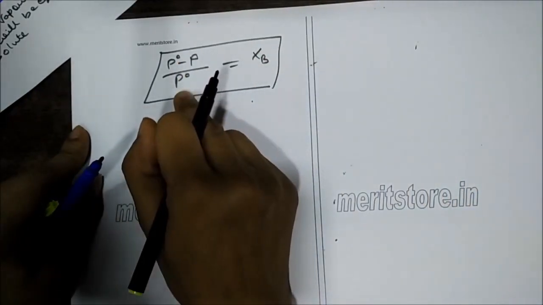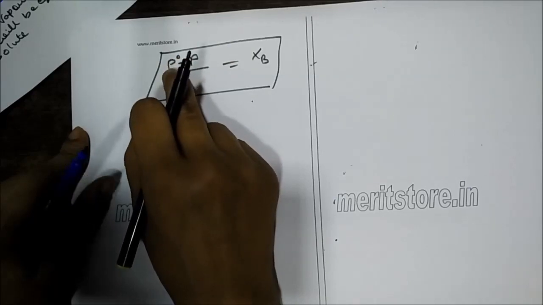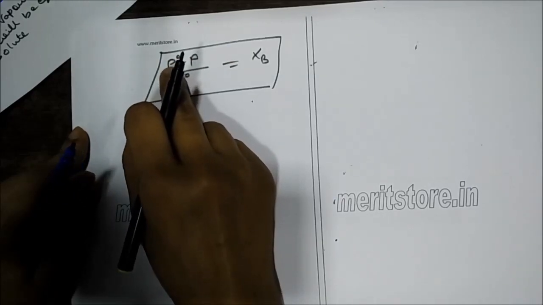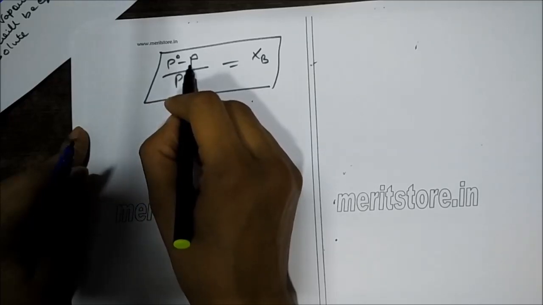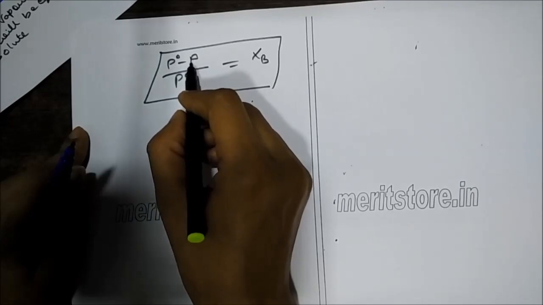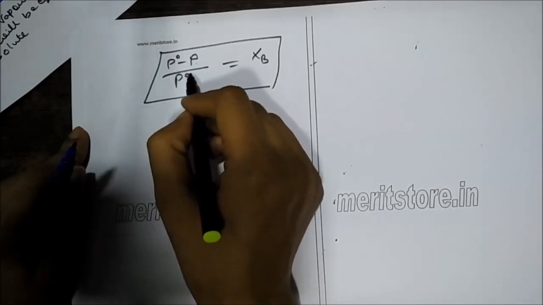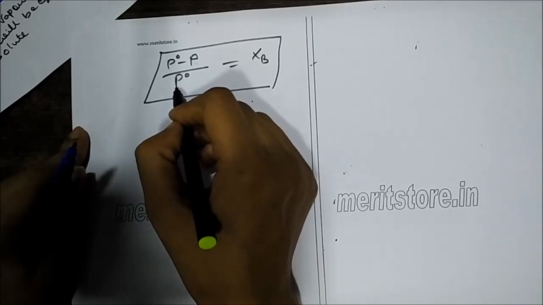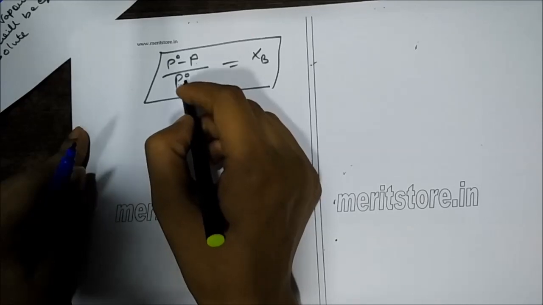The relative lowering of vapor pressure is the ratio of the lowering of vapor pressure. The lowering of vapor pressure is the difference between the vapor pressure in its pure state and the vapor pressure in solution, divided by the vapor pressure in its pure state.